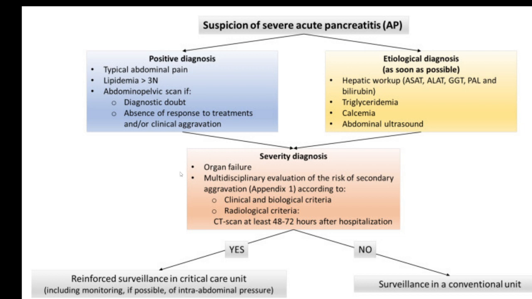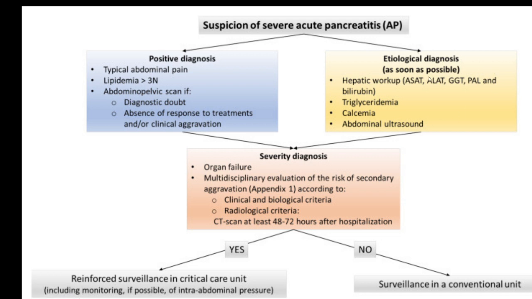Now, approach to the diagnosis of pancreatitis: it's not only the diagnosis, it's also necessary to assess the severity and plan accordingly. Severity is based upon clinical diagnosis as well as the etiological factors.